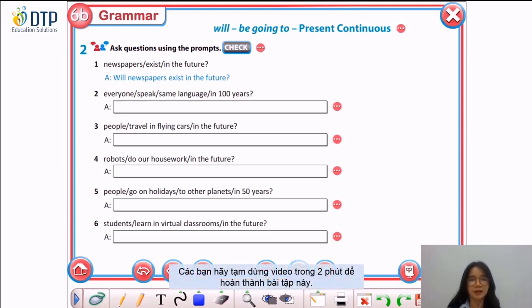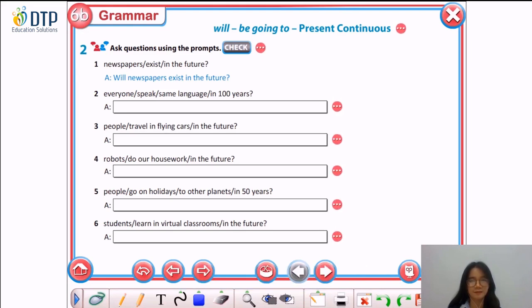You should spend 2 minutes finishing this exercise. Time's up. Now, could you tell me question number 2? Very good. Question 3. What is it? Good job.